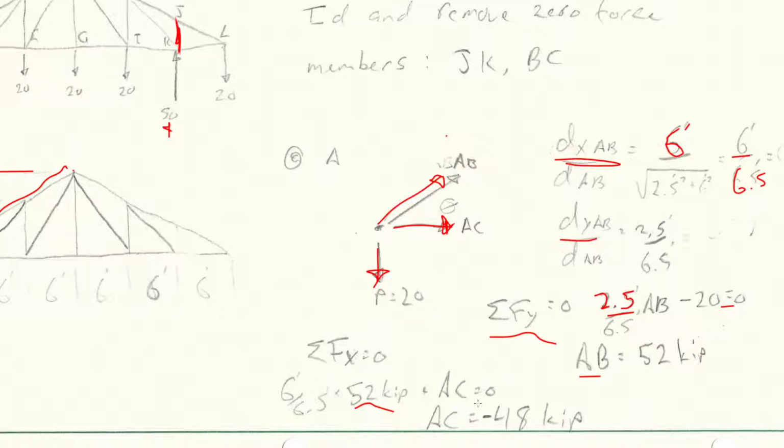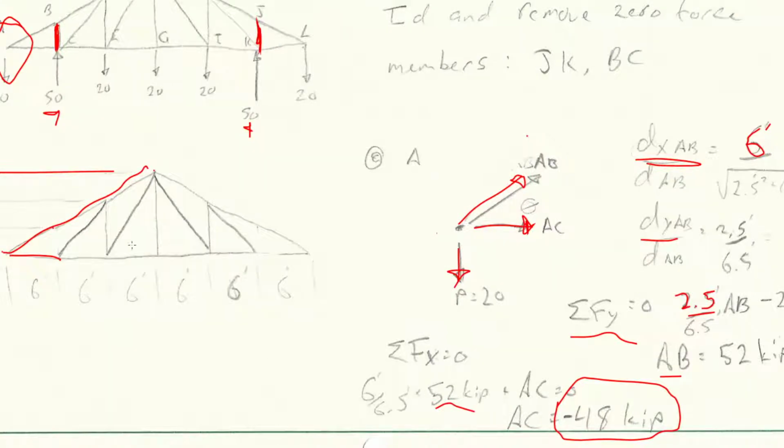So to solve for AC, we subtract this to move it to the other side, and that gives us a force in AC of negative 48 kips. So that's telling us that the AB member is in tension, and the AC member is in compression.